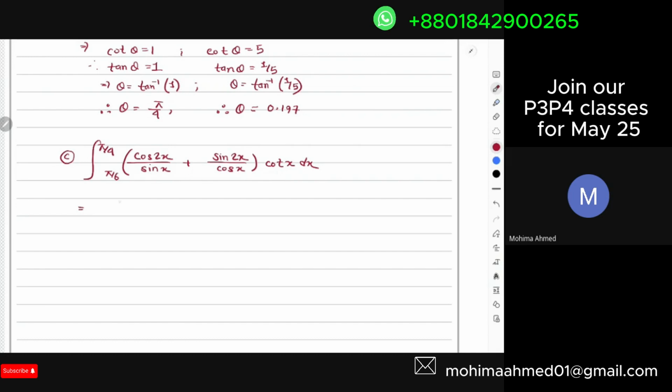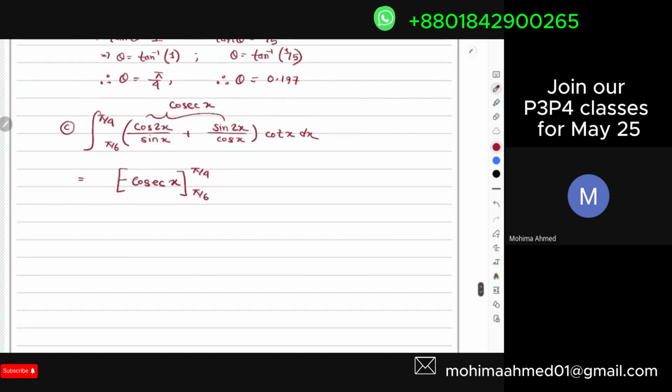So if we integrate this, we're going to get negative cosec x with the boundary of pi by 4 and pi by 6. This portion was your cosec x from part 1 we calculated. So the integration of cosec x cot x is negative cosec x. So we get minus cosec pi by 4, and we're going to add this with cosec pi by 6, right?